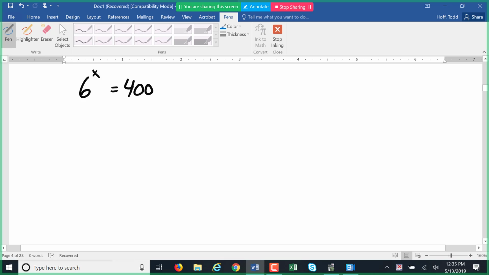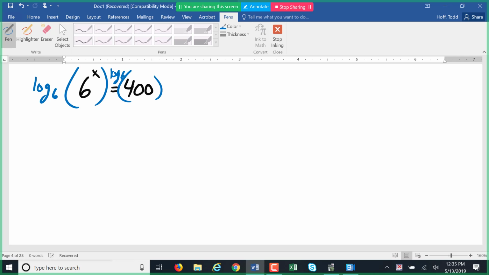The base of the log has to match the base of the exponent. So this is a log base 6. On the left side, the logs do cancel out. Log base 6 and a base of 6 in our exponent cancel out. That leaves us with just x.